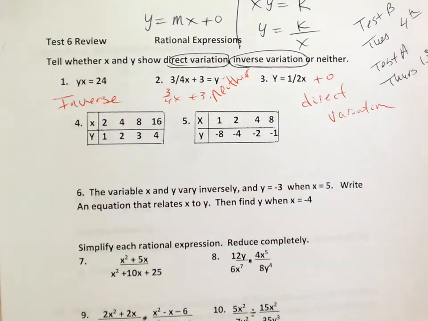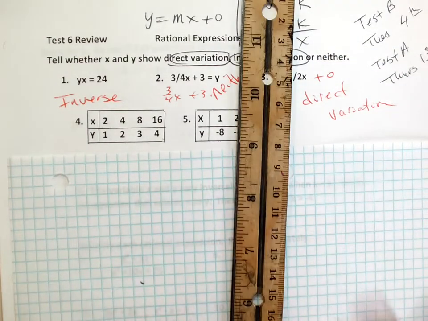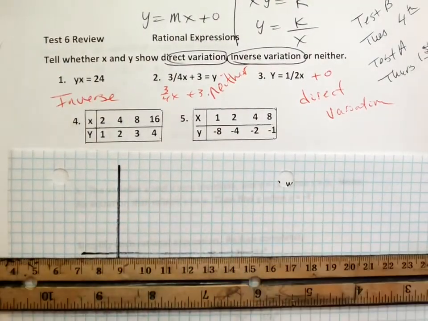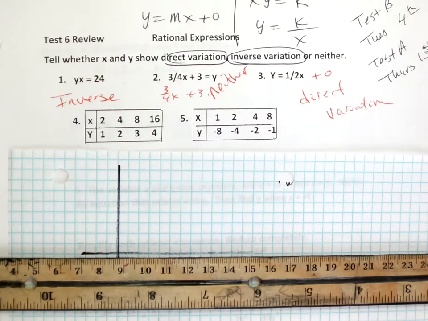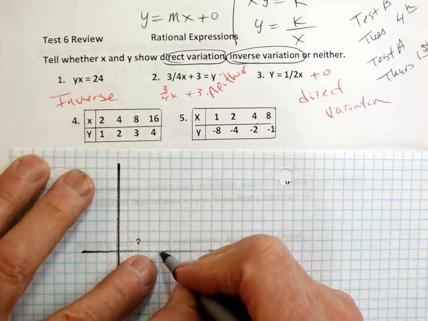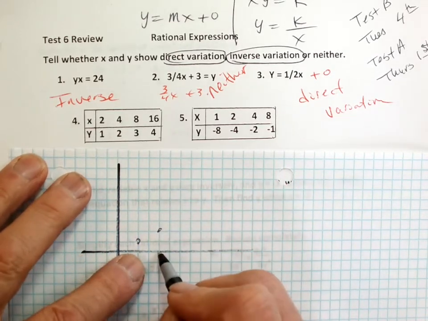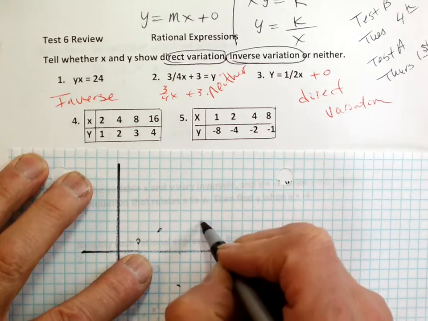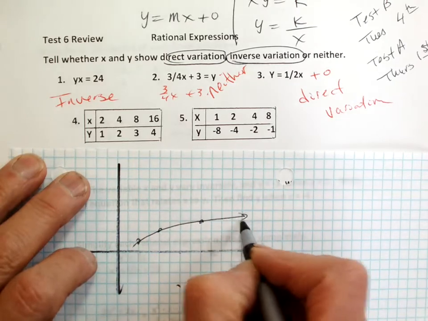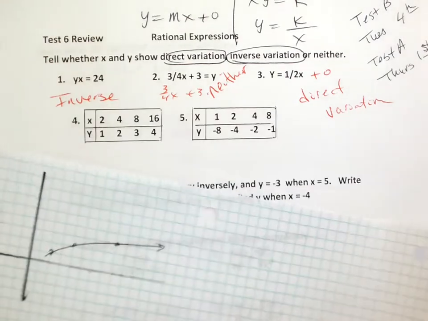If I graph it, I'm going to have a 2 and a 1, a 4 and a 2, and an 8 and a 3. So it looks like maybe it's a square root graph, doesn't it? No, that's neither. That does not look like direct variation or inverse. So that one's definitely neither.